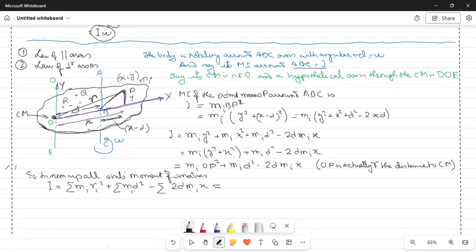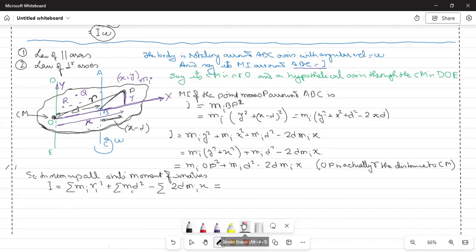This is equal to, now, what is Σ mi ri²? Σ m r² is actually the moment of inertia of the body around the axis passing through the center of mass, right?